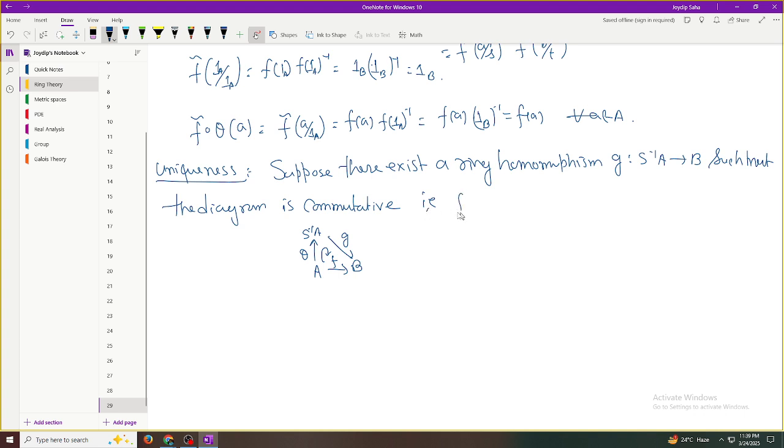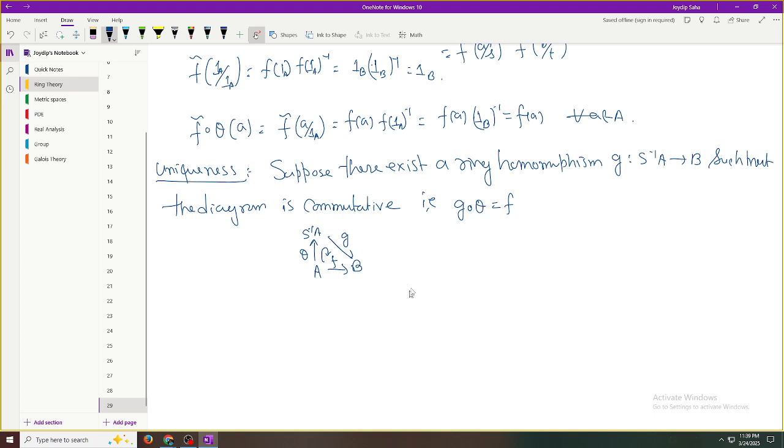That means g composed with theta equals f. Now you have to show that g equals F tilde.